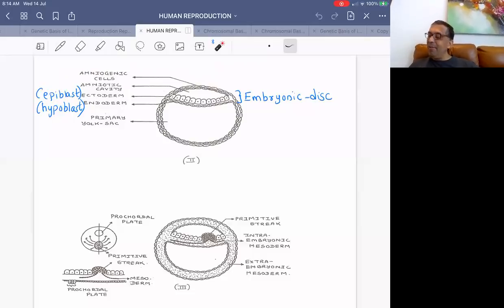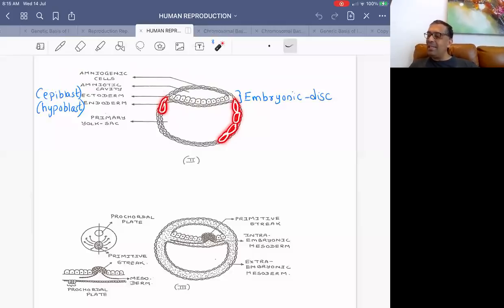And so these are your flat endoderm cells. Flat endoderm cells start undergoing rapid cell division.